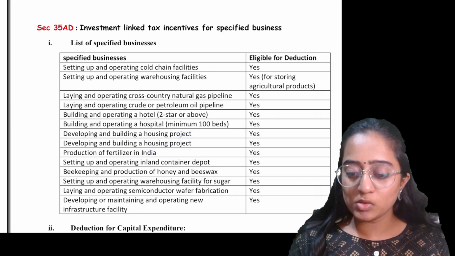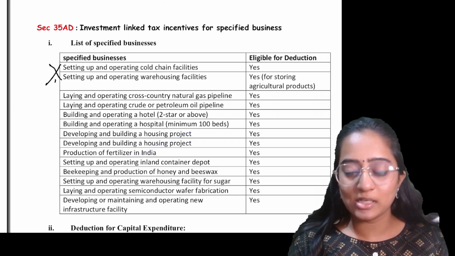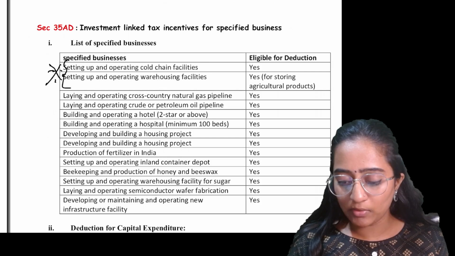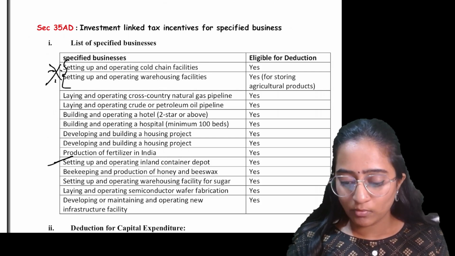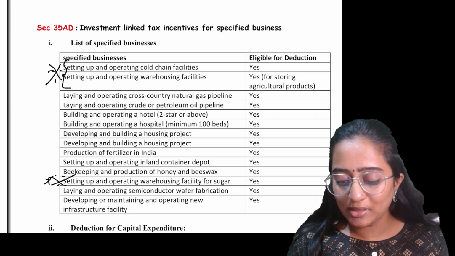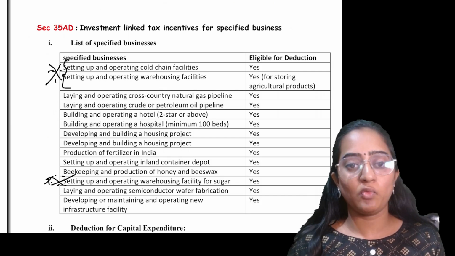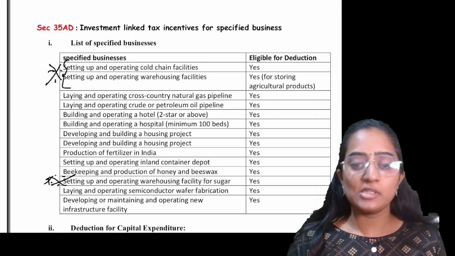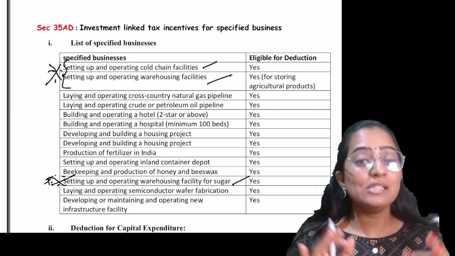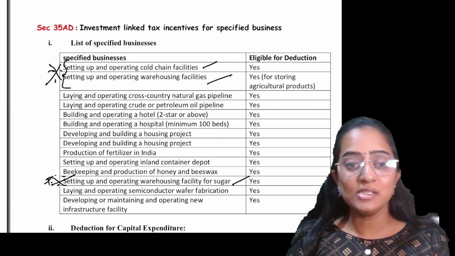Fertilizers. Out of this, what is going to be important is the cold chain facilities and the warehousing facilities, the production, setting up and warehousing of sugar. These are the most relevantly asked, and other things you can just give it a one time read. These points, cold chain facility, warehousing, warehousing of sugar. Remember, these come under your specified business.